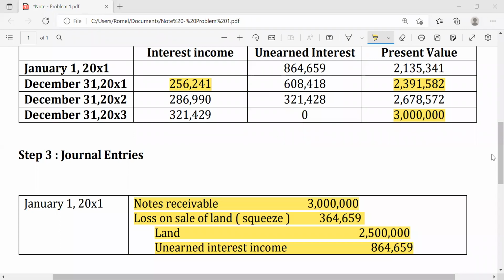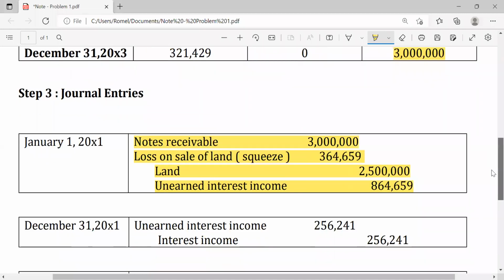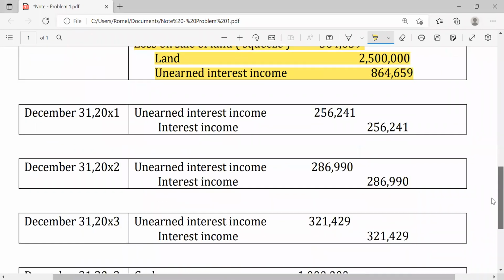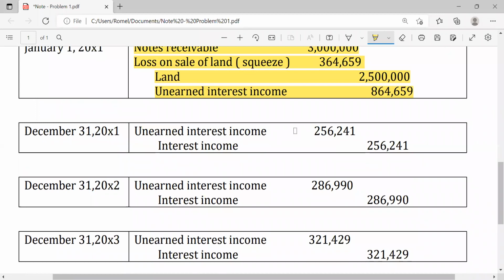And then let's now proceed to the next years. So on December 31, 20X1, we will recognize interest income of 256,241. So magre-recognize tayo ng interest income and ano yung dinedebit natin? We debit the unearned interest income. So anong ibig sabihin nito?